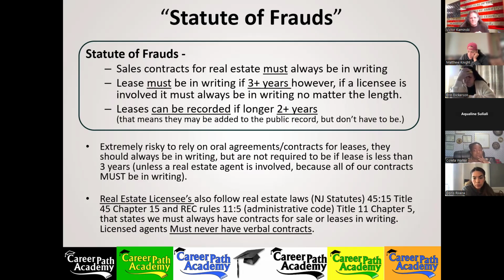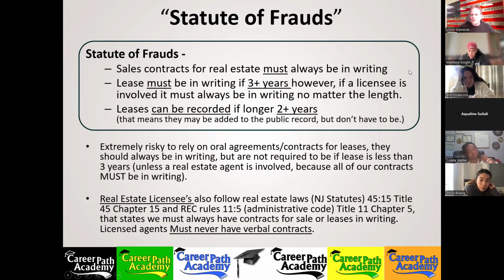Okay. So real estate licensees, we follow New Jersey statutes, and we follow the administrative code, Title 11, Chapter 5. So they both state that any licensee, we do a contract, doesn't matter what it's for or how long it is, it always got to be in writing. But for exams, we need to know what's in the box over here.